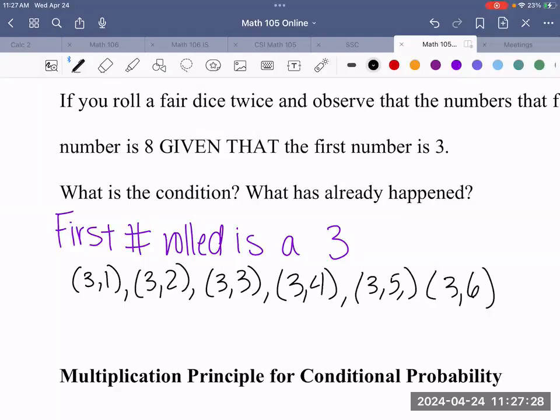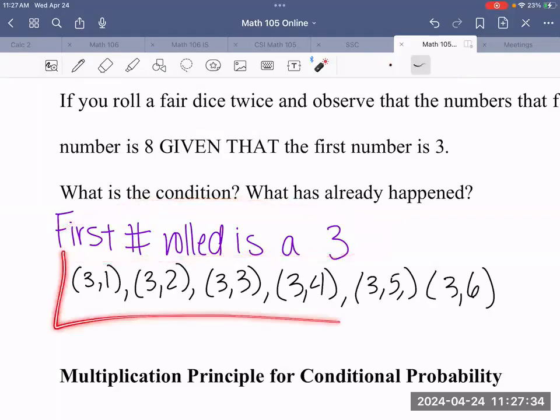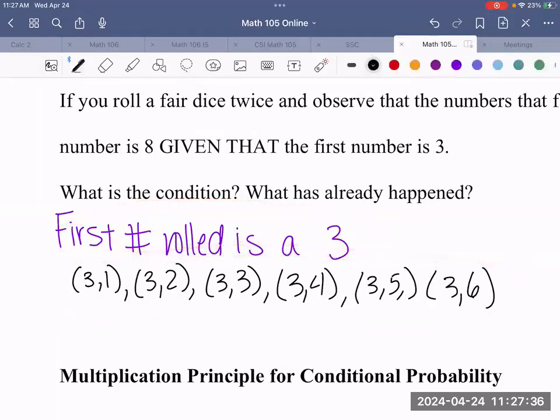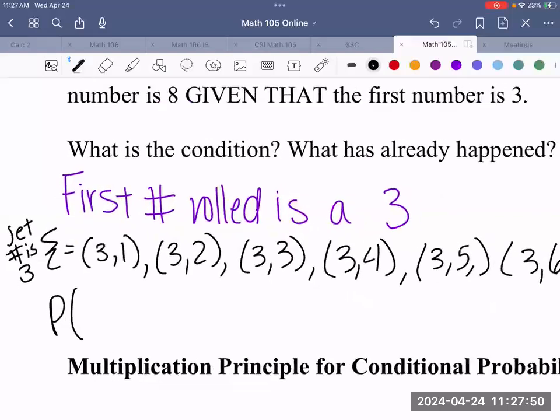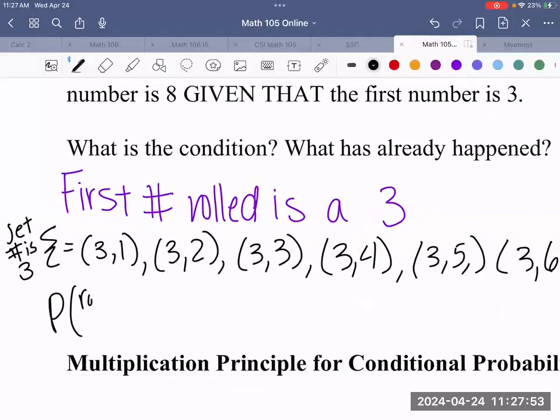Because they didn't give us much context other than wanting to find this probability, we're going to have to do a little bit of work. So the first number rolled being a 3 has how many options? We'll label this as the set, first number is 3. So the probability that you roll a 3 first is what?